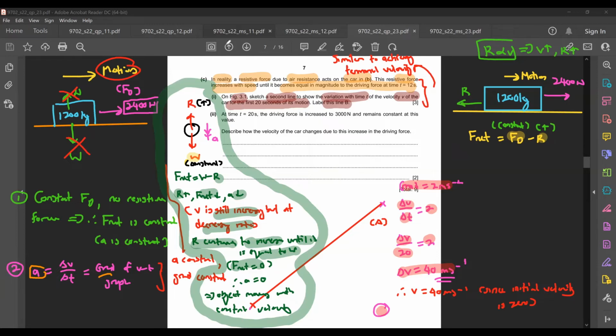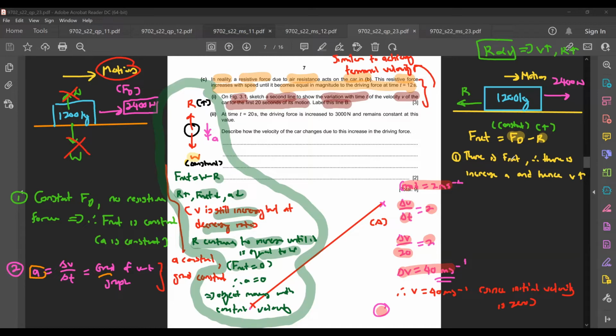So here, what I could probably say is this. I will write it in detail for you now. Number one, there is F net. Therefore, there is acceleration and hence speed increases.